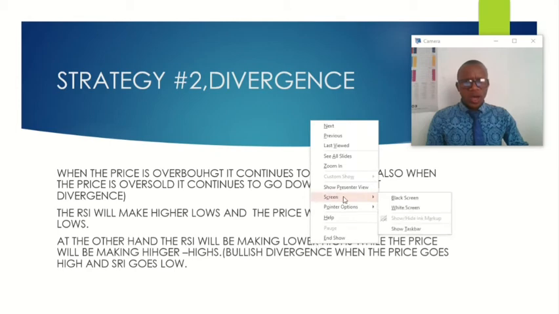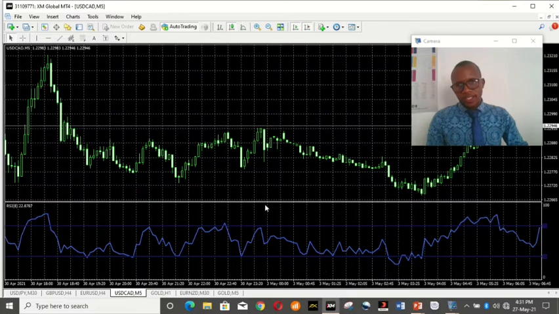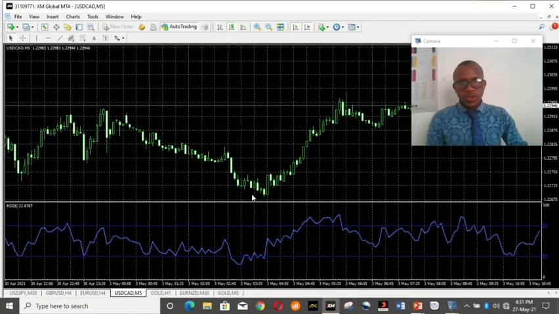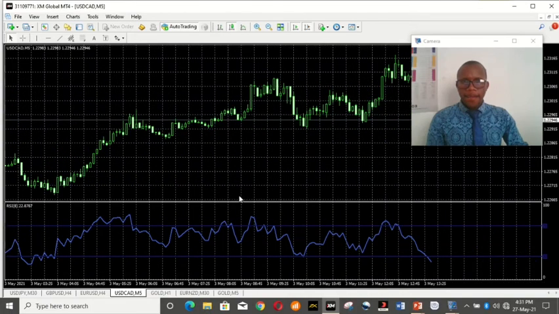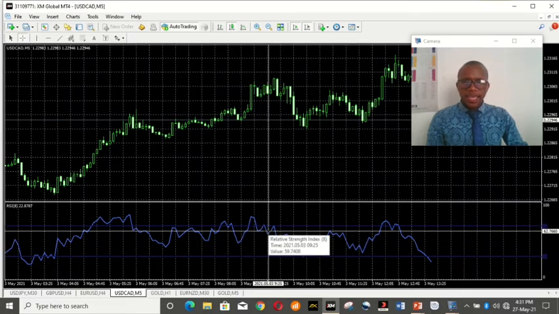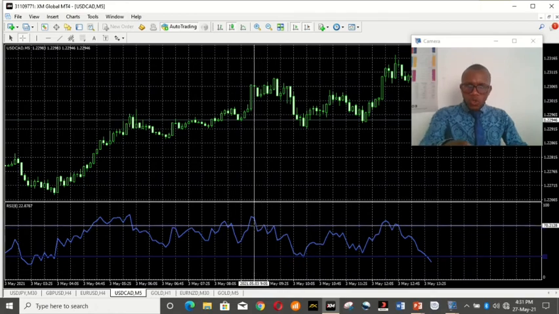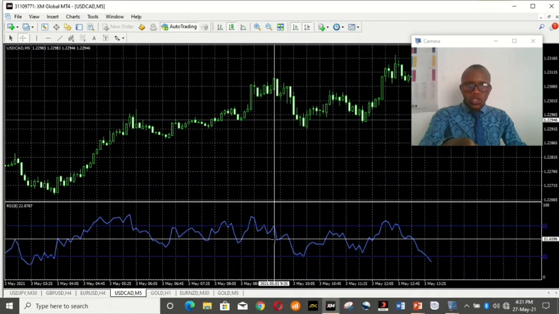So let's check on our chart the divergence I was talking about. Here you see the RSI has crossed the 70 line, and then it goes down.